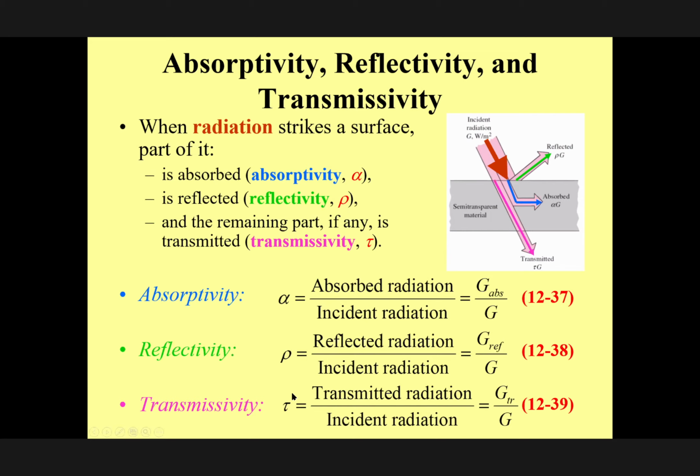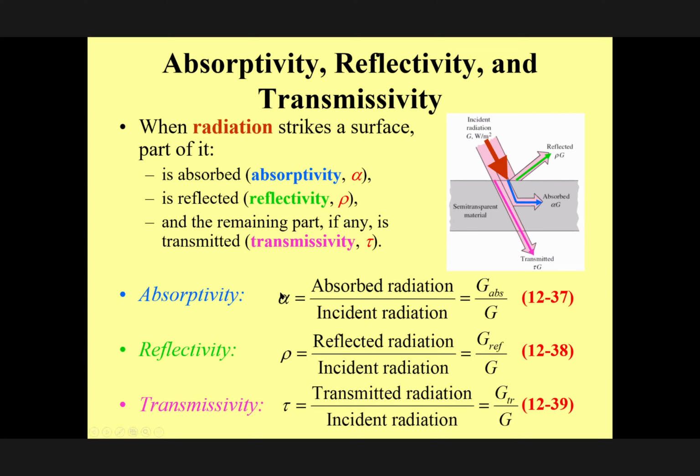Alpha, rho, and tau. When you select a window, you would like to transmit as much light as possible because you would like to see outside, okay? In some cases, for a central solar system, we would like to have high reflectivity in order to reflect energy to the storage to store it. For a solar collector on the roof of the building, you would like to absorb maximum solar energy.